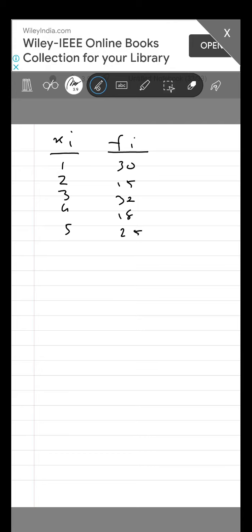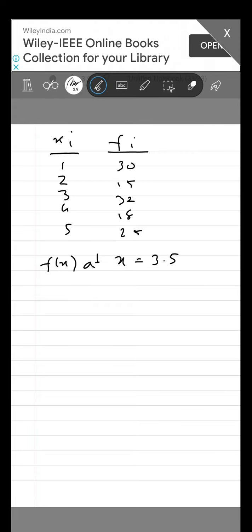We have to find the value of f(x) at x is equal to 3.5.